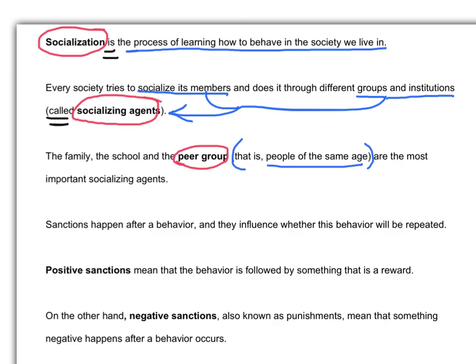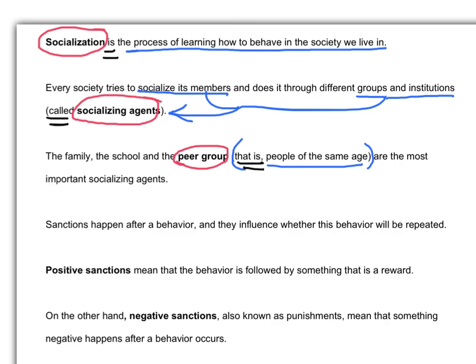A lot of times when we have a key term, and it's a special new word, we'll put brackets and then the definition inside. So peer group, the definition for it here is people of the same age. And the linking word that has been given is that is, inside the brackets.